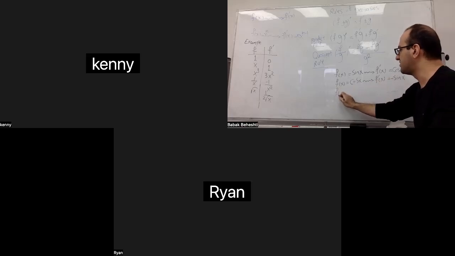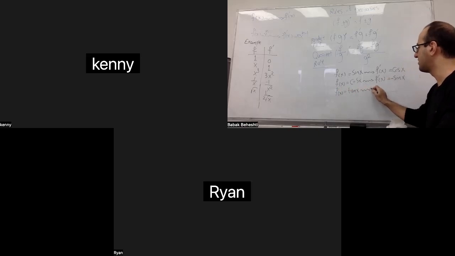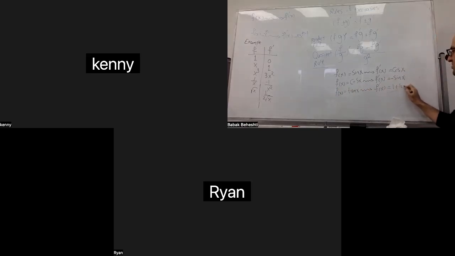We also learned the derivative of tangent. f of x equal to tangent of x, then f prime would be 1 plus tangent square of x, which is equal to secant square of x. This is just an identity: 1 plus tangent square is equal to secant square. So if I ask you what the derivative of tangent is, you can say either 1 plus tangent square or secant square.